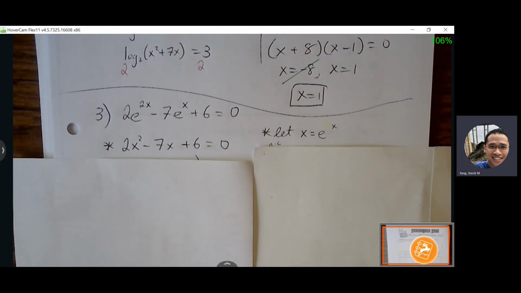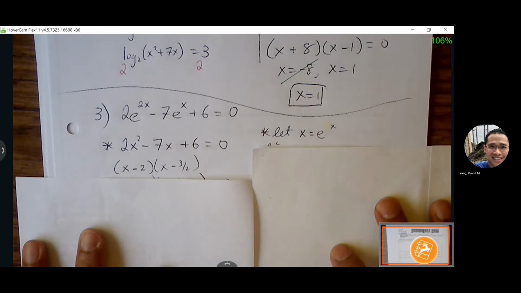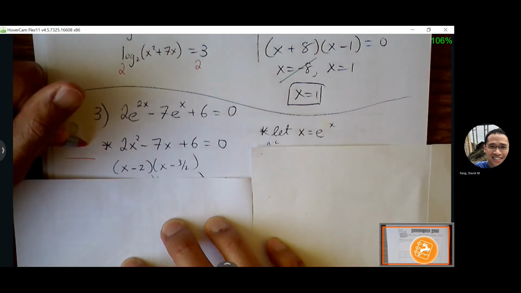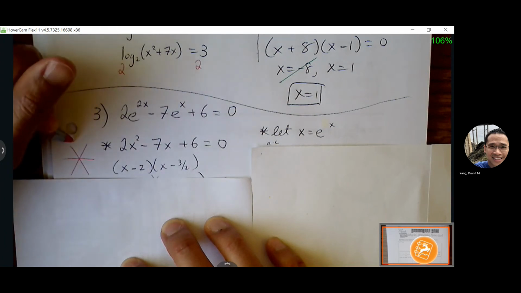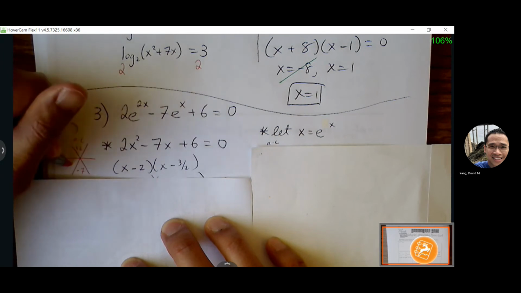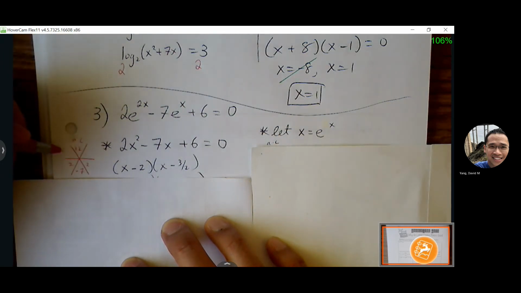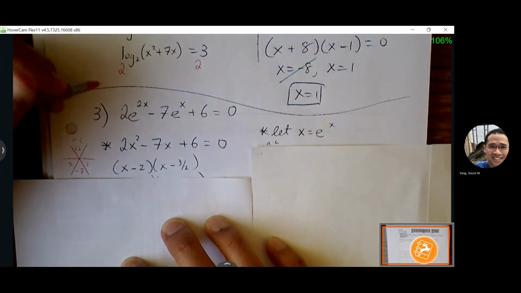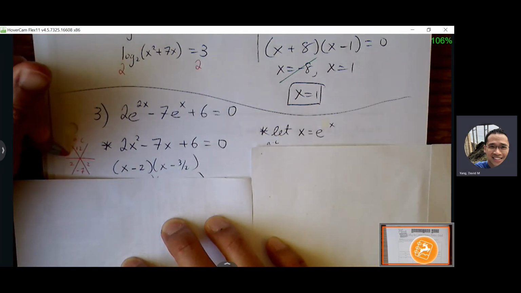So 2x squared minus 7x plus 6 is easier. Go through the star method, multiplies to be 12, adds up to be -7. -4 and -3.